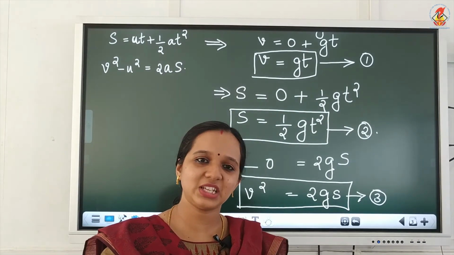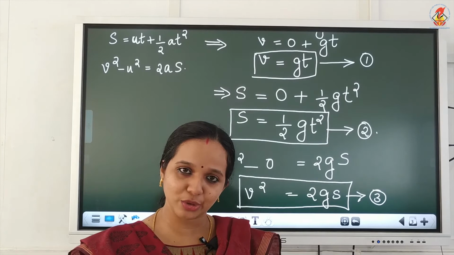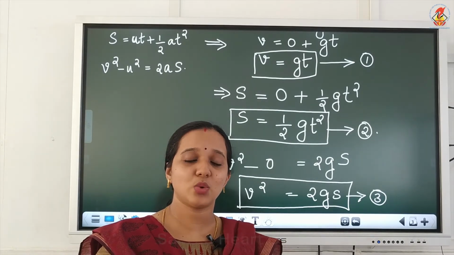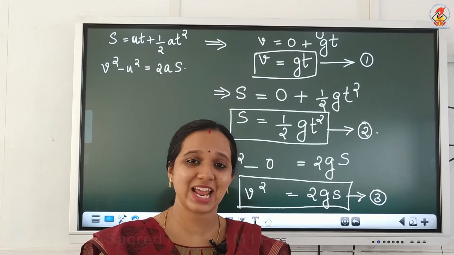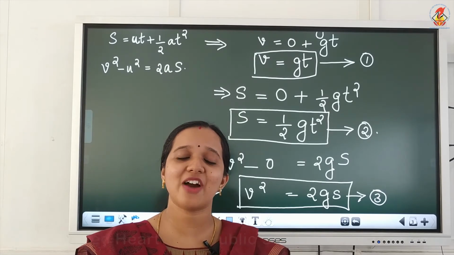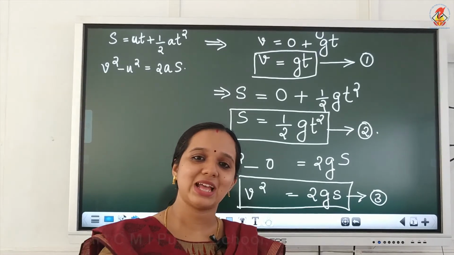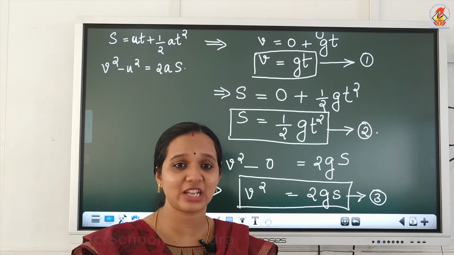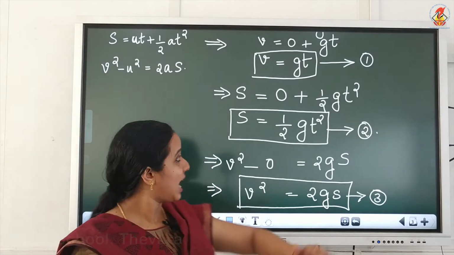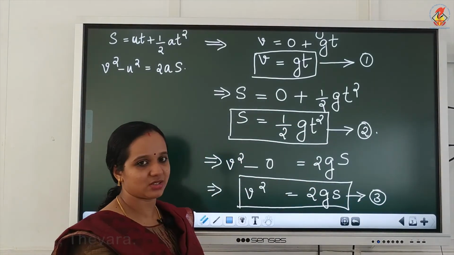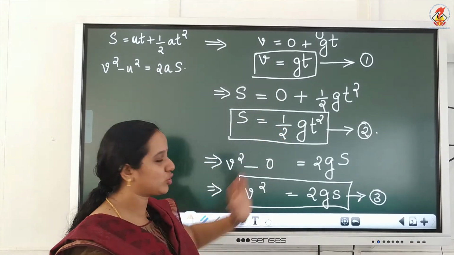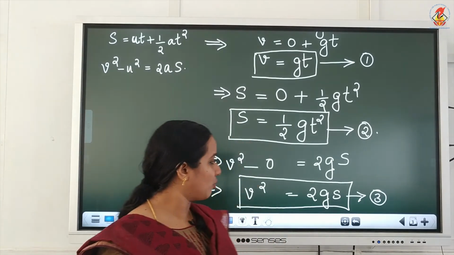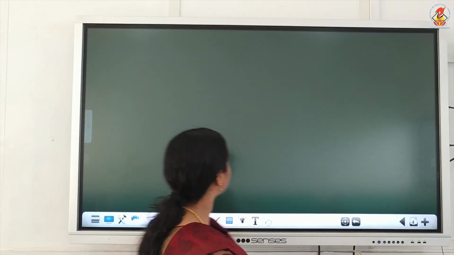Because the initial velocity of the body is 0, and since the body is descending down, its velocity will increase and hence the acceleration will have a positive value, and since it is a free fall, the acceleration is the acceleration due to gravity. So, these are the equations of motion in case 1. Hope it is clear. Now, moving on to case 2.